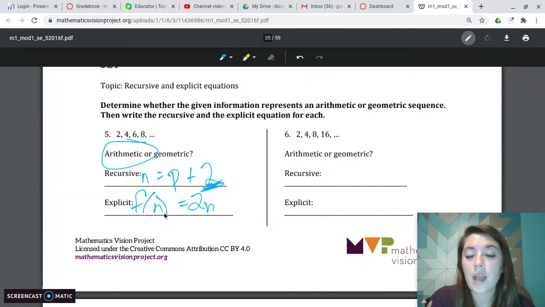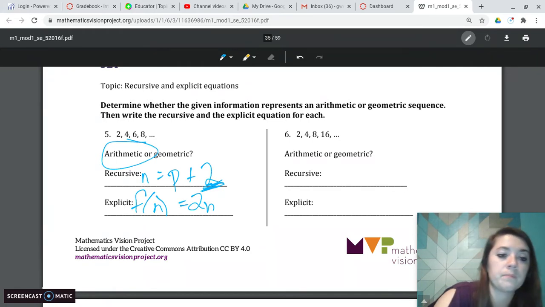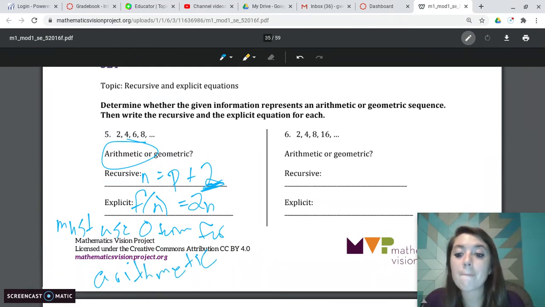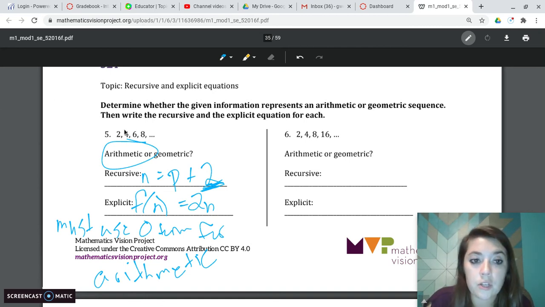But when we write an explicit equation for an arithmetic sequence, we have to use the 0 term. Must use 0 term for arithmetic. So what that means is we have to find the 0 term.